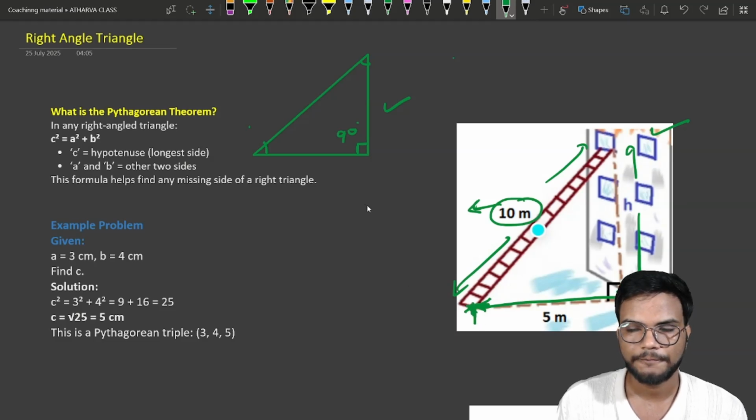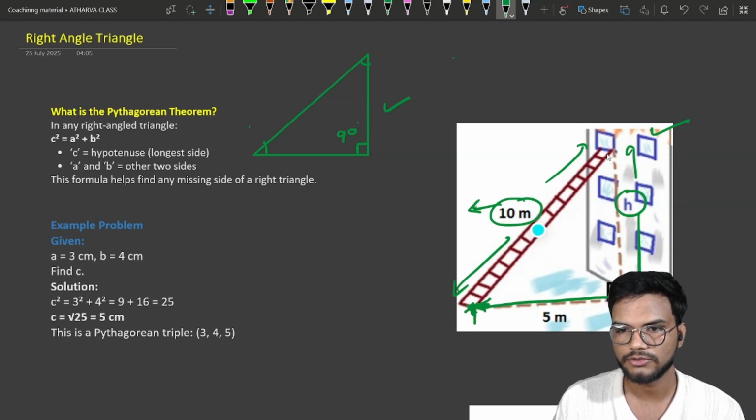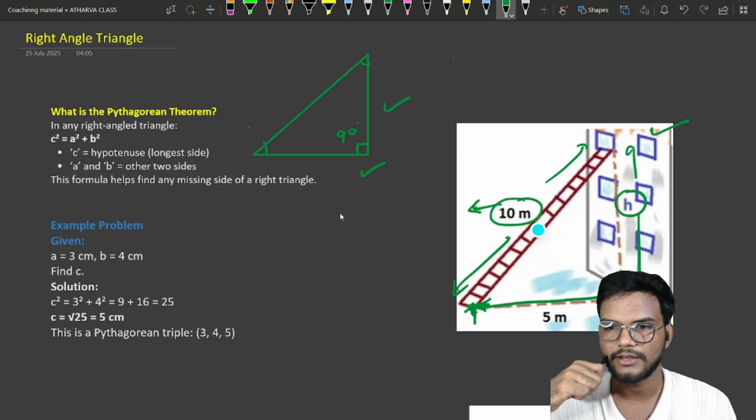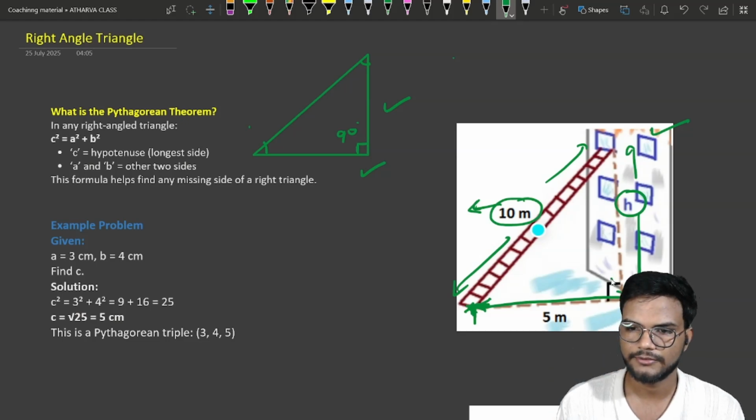Now we need to find this height. So we have two values. If you see this whole figure, it is a right angle triangle, because the wall is at 90 degrees. I hope you understand what a right angle triangle is.